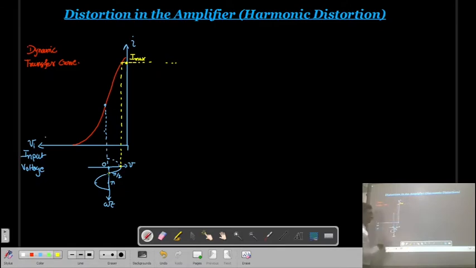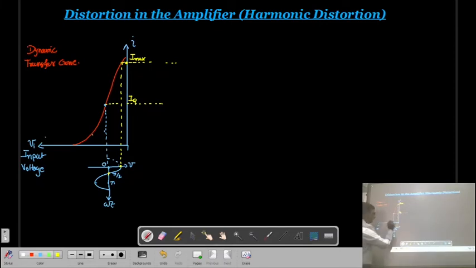At this point, the input signal is zero, so whatever current is flowing at that time, we call this the IQ, the operating point.